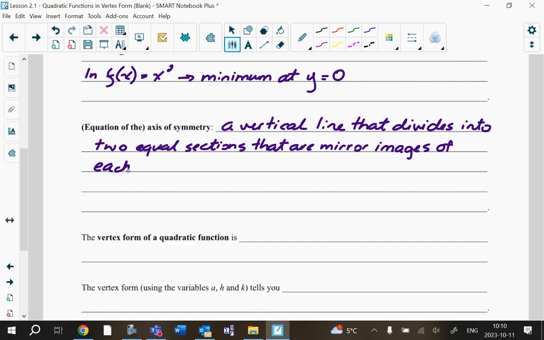Okay? To write the equation of the vertical line, the equation is always the x coordinate of the vertex.